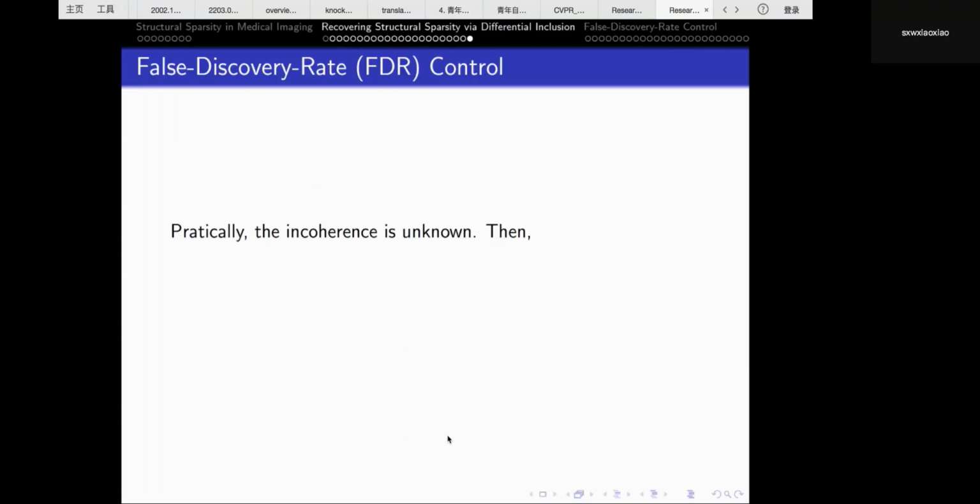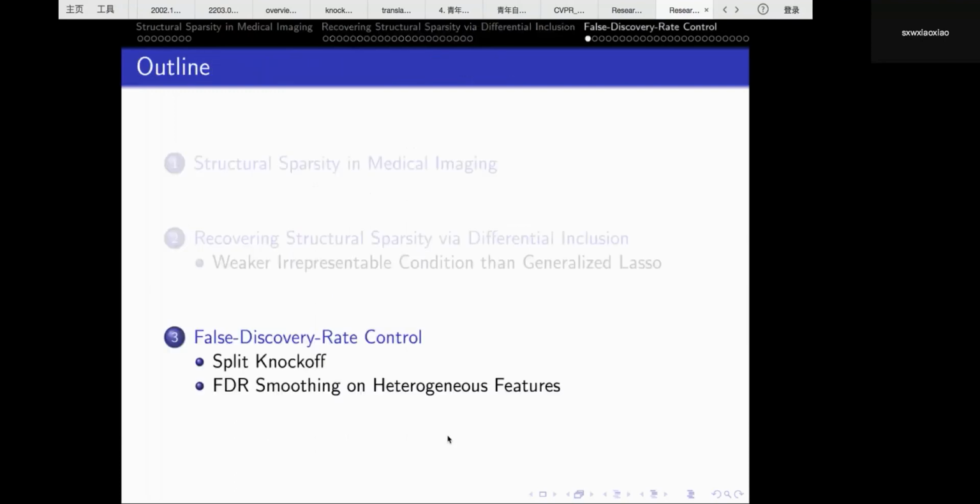However, practically the incoherence condition is not known. So this inspires us to control the false discovery rate. In the next section, we will introduce two approaches to control the FDR, respectively from the wrapper method called split knockoff and the perspective of empirical bias.